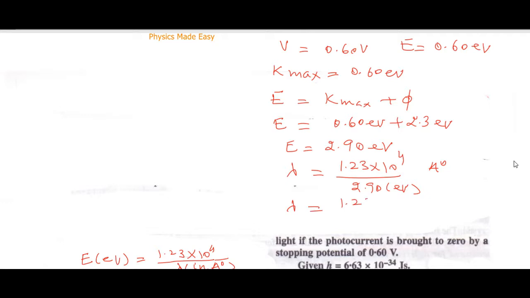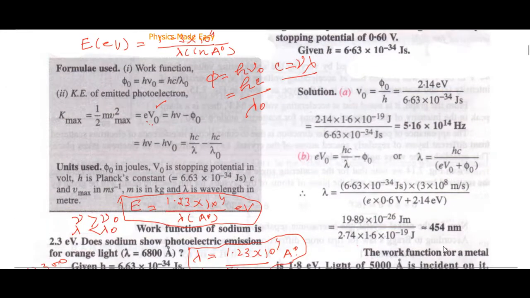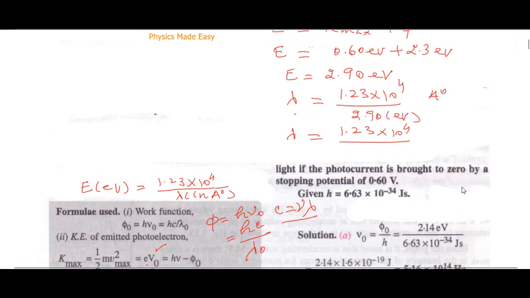So this lambda is 1.23 into 10 raised to power 4 divided by roughly 3. If we take it as roughly 3, then it will be 4100. It will come out to be around 4540 angstroms. He has given this in nanometers. So in this way you can directly use these formulas.